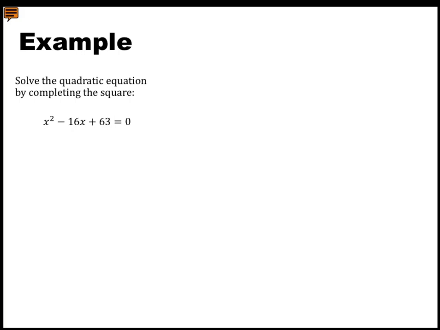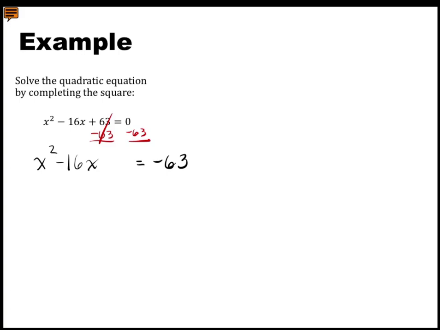So we move that number to the other side of the equation. We do that by subtracting 63 from both sides. If you want to write it down, you can. 0 on the left-hand side, negative 63 on the right.